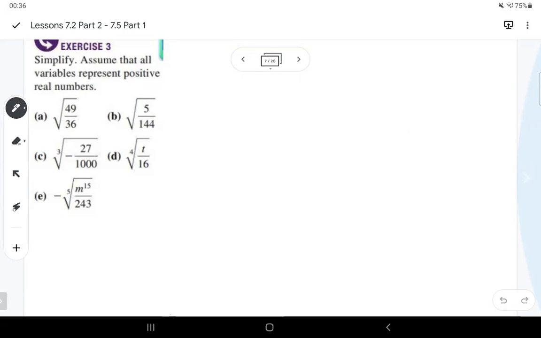All right, so for A here, if you didn't want to do the steps, you could go straight to the answer, but in case folks need to see the steps, we do the square root of 49 over the square root of 36. We know easily that the square root of 36 is 6, and that the square root of 49 is 7.